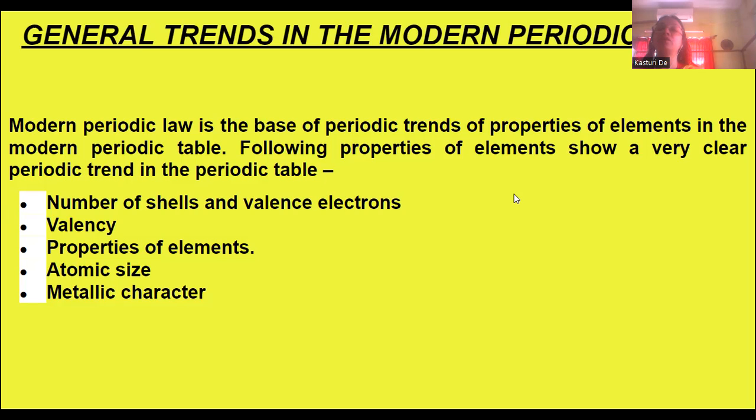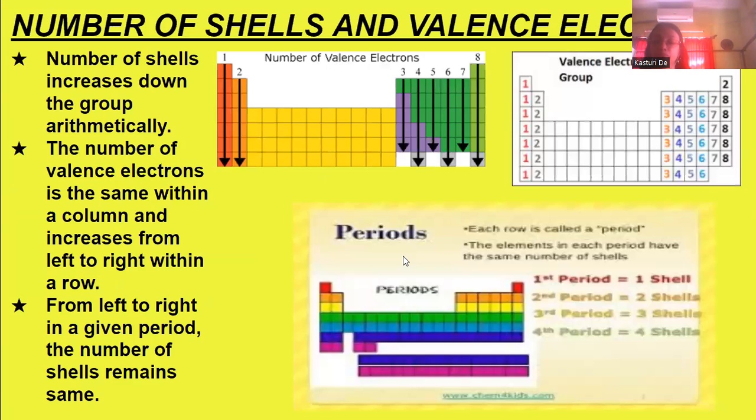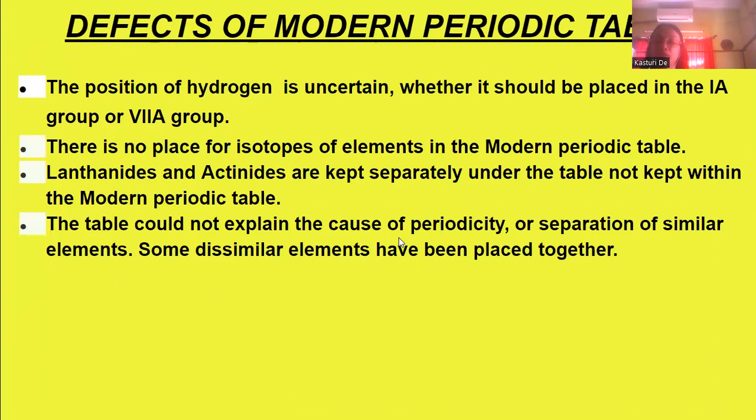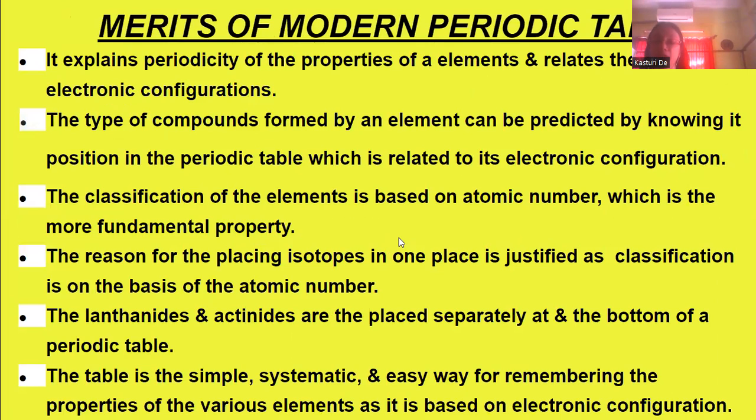And now let us come back to the discussion. The general trend in the modern periodic table. In my last video, I discussed the merits and demerits of the modern periodic table.